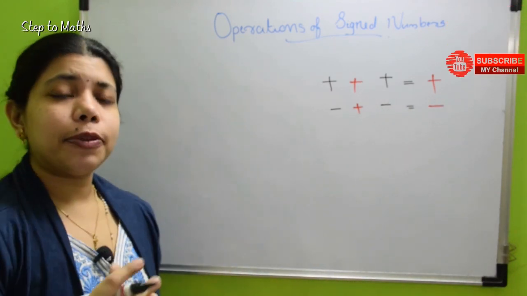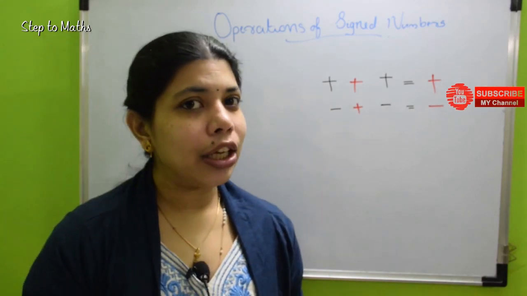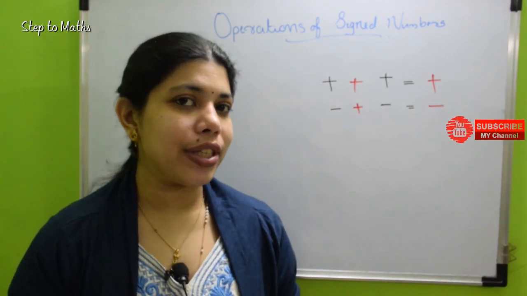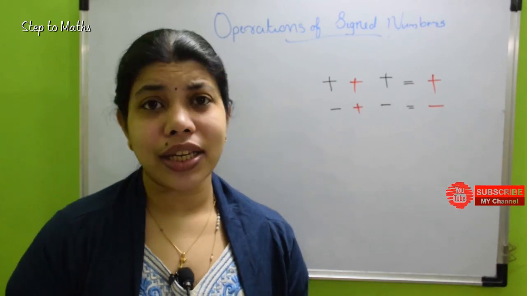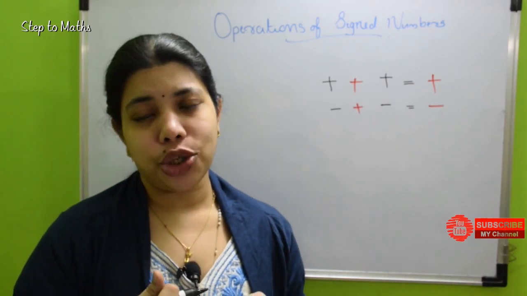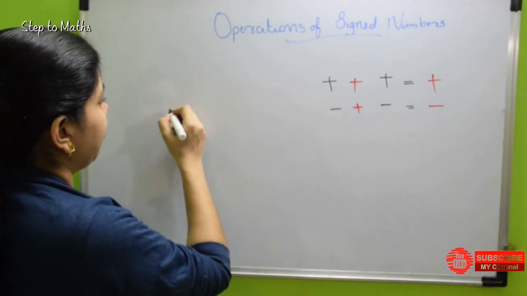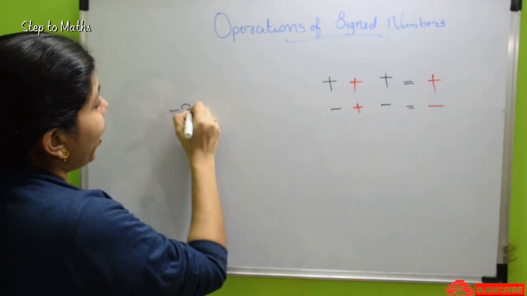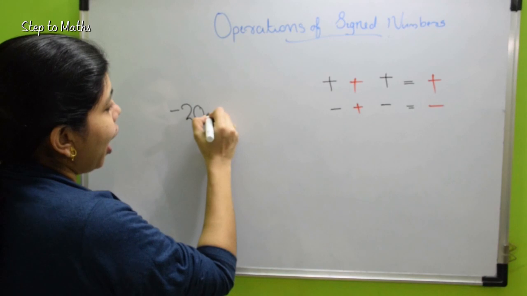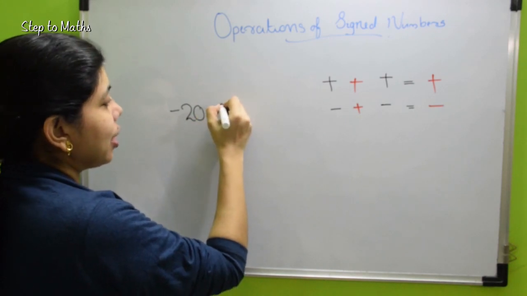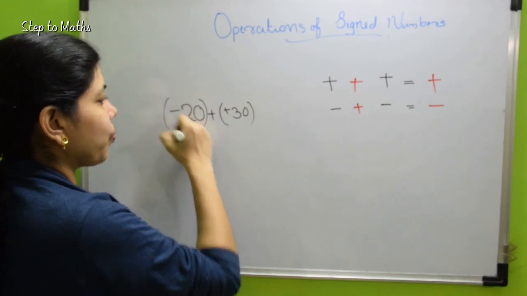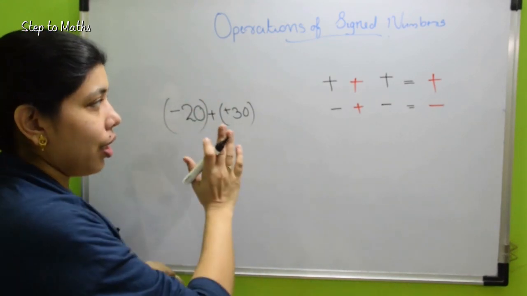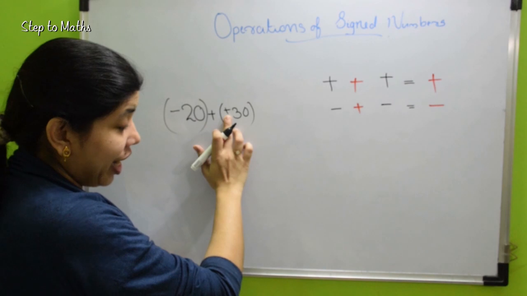Now consider the part that is confusing for some students. If one number is positive and one number is negative, how can we perform the addition? Okay, just check. Minus 20 plus 30. We normally don't write it like this.